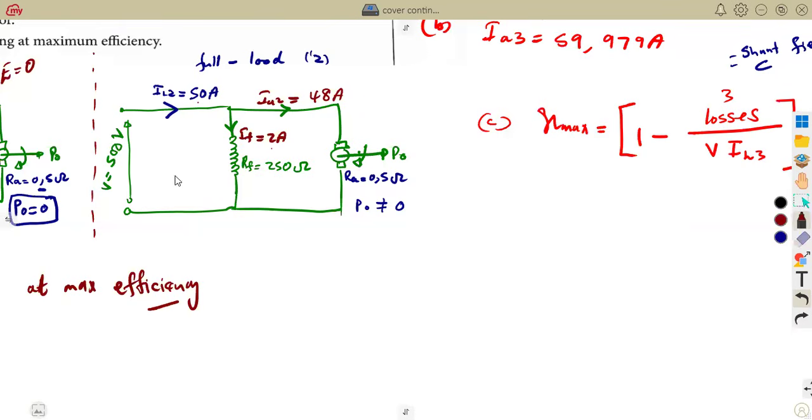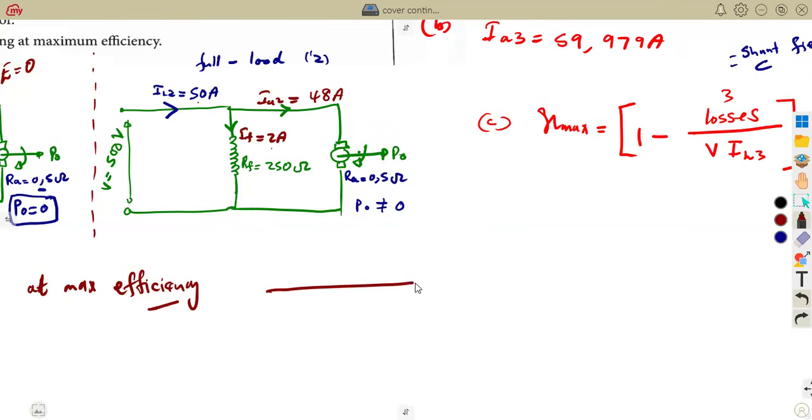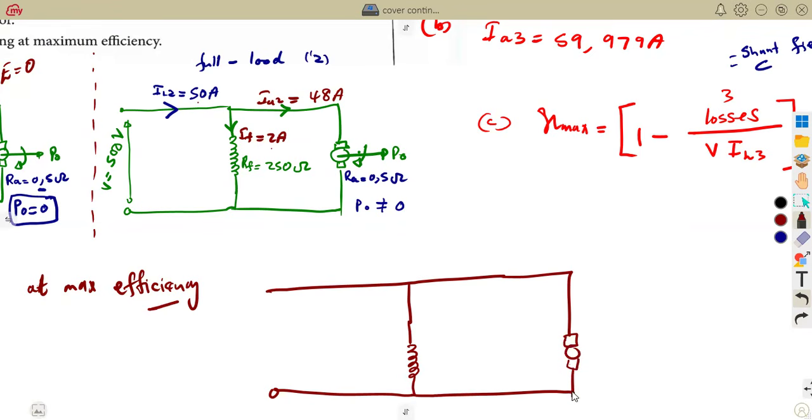So we are going to have just like this diagram, our shunt wound motor that we had. I'm just going to quickly redraw this part because it's the same. It's just a repetition. The only part that is going to change is the input, the load current.